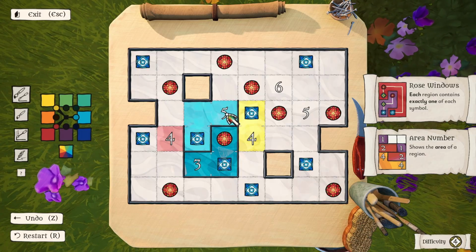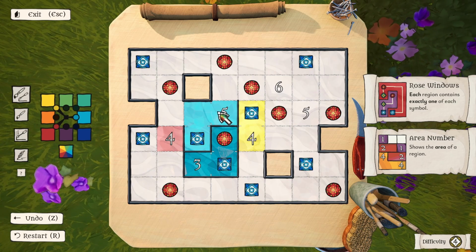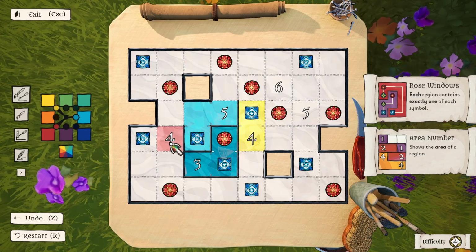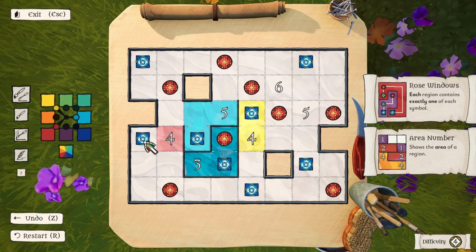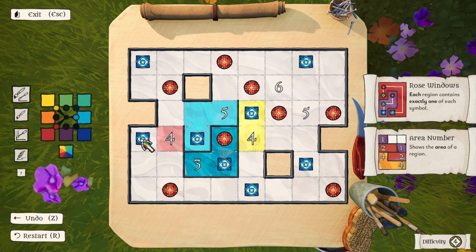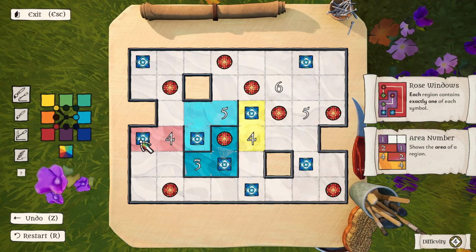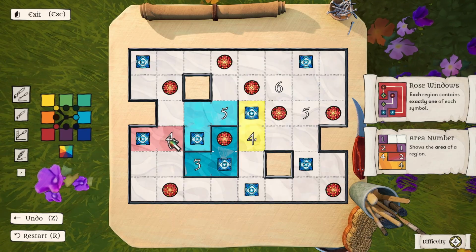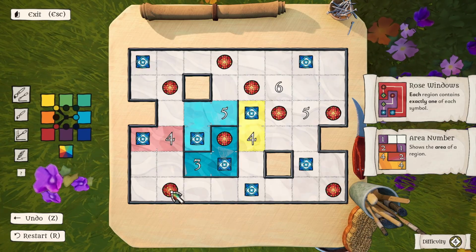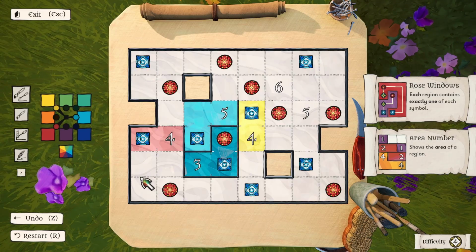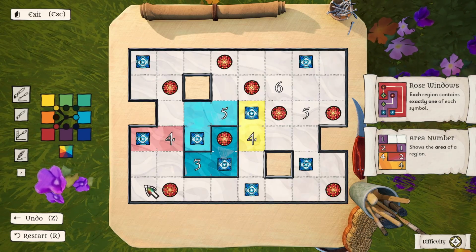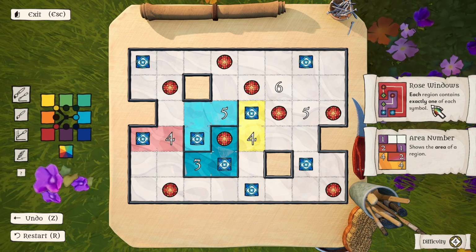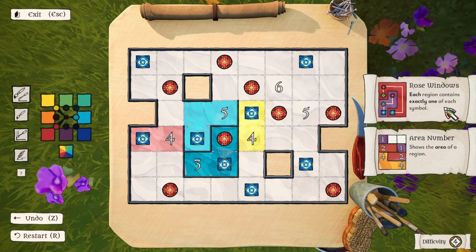Okay, if the 4 were to take that blue, which it must, this 4 must take that blue because it can't reach any other. If the 4 were to take that, that would be closing off these two. These two cells could not be part of any region because each region contains one of each symbol.